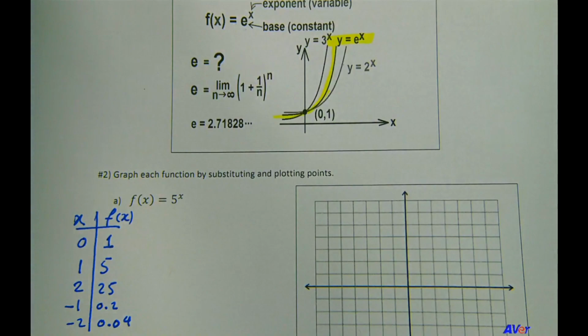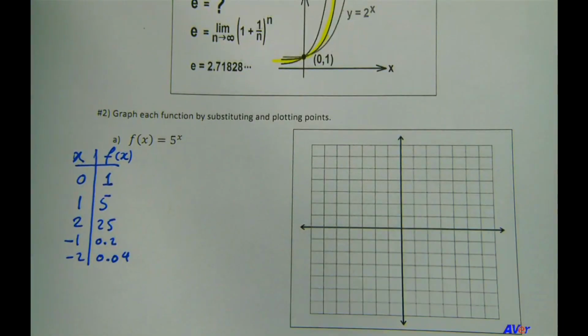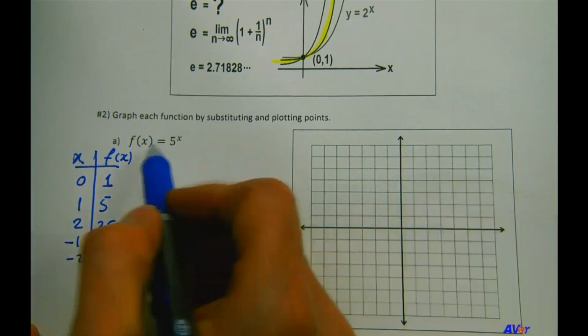Depending on the value of x you choose, such as these smaller and smaller negative numbers, the value of the function will get very, very close to 0, but it will never be 0. But I think these few values that we randomly picked and calculated should give us enough points to draw the graph for this exponential function.